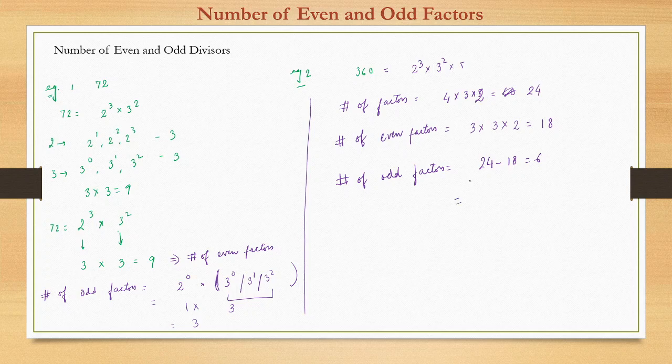Or we can calculate also, for odd factors the power of 2 has to be 0. Otherwise, if there's any power of 2, either 1, 2, 3, then those factors would be divisible by 2. So we can only have 2 raised to power 0. In case of 3, it can be 3 raised to power 0, 3 raised to power 1, or 3 raised to power 2. In case of 5, it can be 5 raised to power 0 or 5 raised to power 1. So here we have one option, here we have three options, here we have two options. So it becomes 6, same as what we got using the other approach.